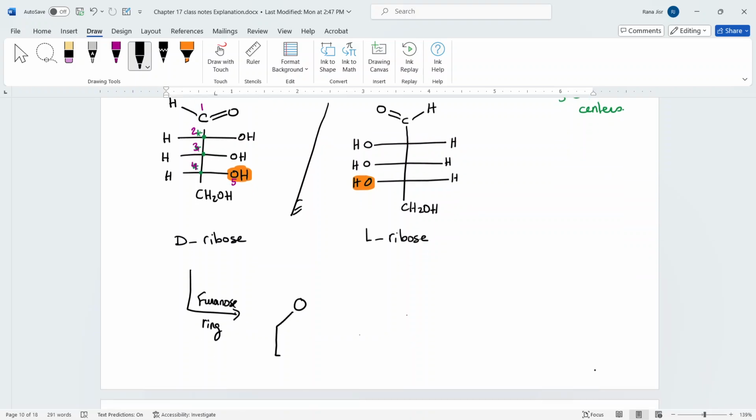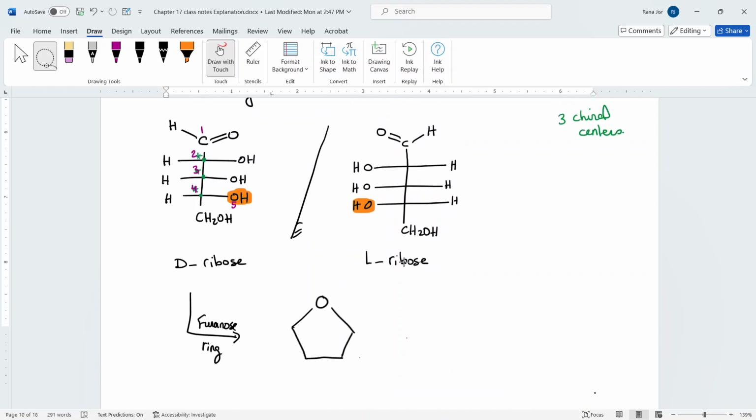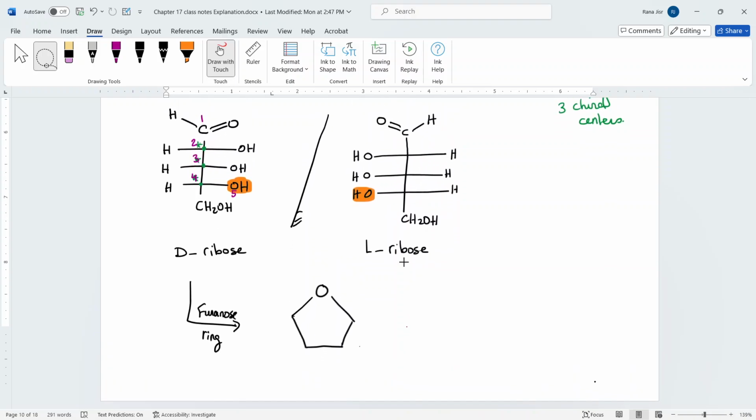So go ahead and draw the structure of the furanose ring. So this is how it's going to look like. Let's draw it in a better way. So I do have my furanose ring, and this is how it needs to look like in there. Let's put it a little bit up so that I can have some space to put all of these substituents in there. So this is going to be my furanose in here. Go ahead and start your numbers.